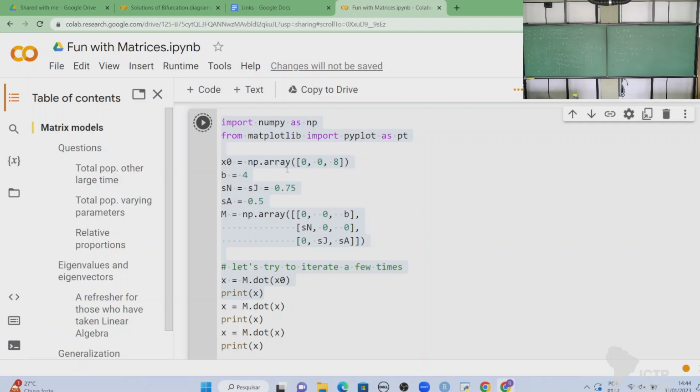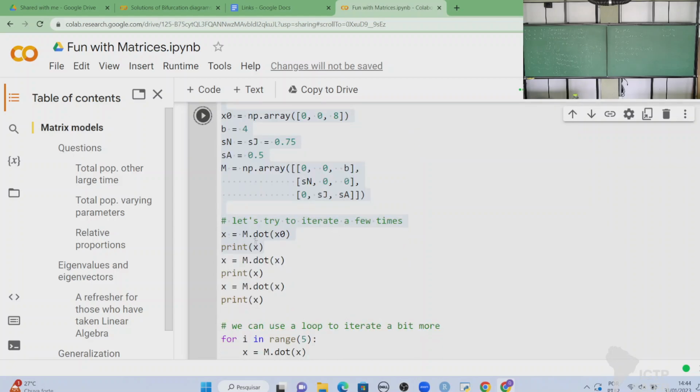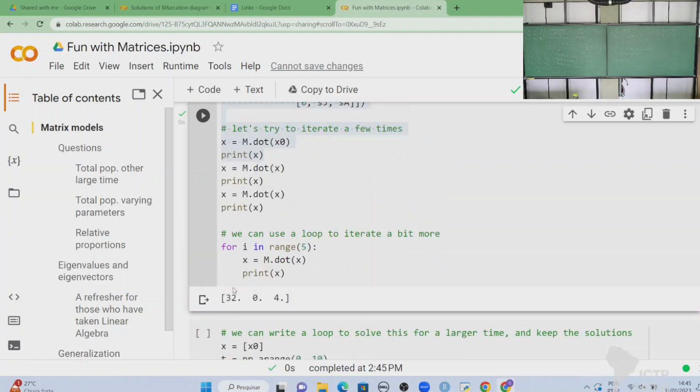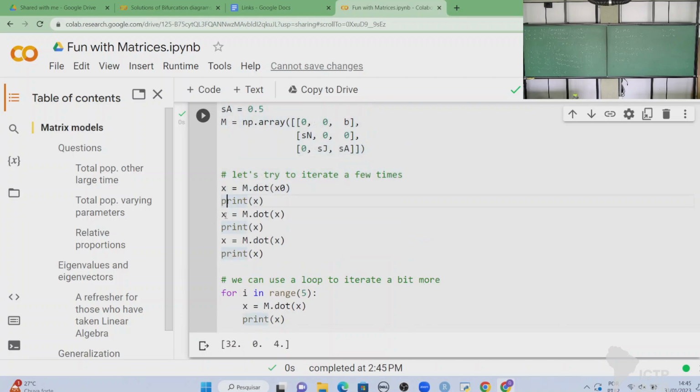These are the same values that I used on the board. And now I do one iteration. I just calculate this: if this is at 0, this will be at 1. So I have now only 4 adults and 42 newborns. Now if I do this again, I take the previous x and calculate M times this previous x.